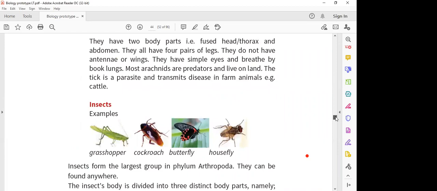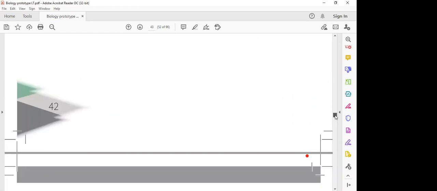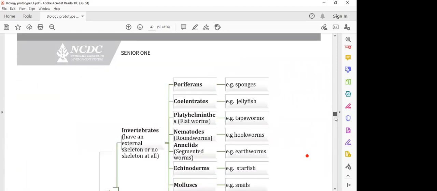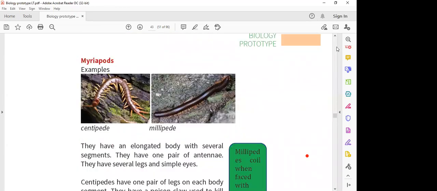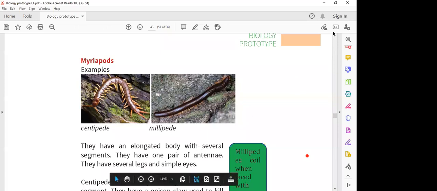Today, we have looked at Phylum Arthropoda, and we have looked at the different classes of Phylum Arthropoda.